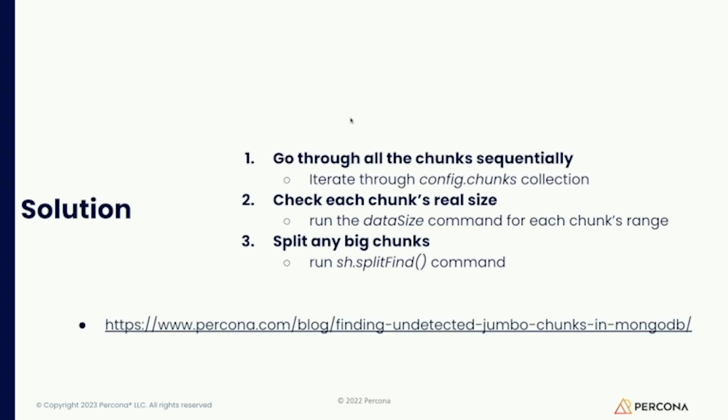So basically, in more detail, this would mean iterating through the config.chunks collection that we saw at the beginning that has all the information about the chunks, and running the dataSize command for each of the ranges. This command will calculate the real size or the estimated size, depending on the parameters that you use, but will give you the range size.